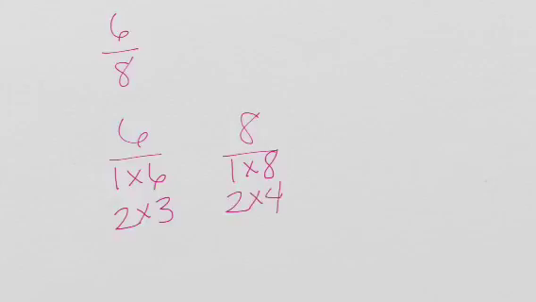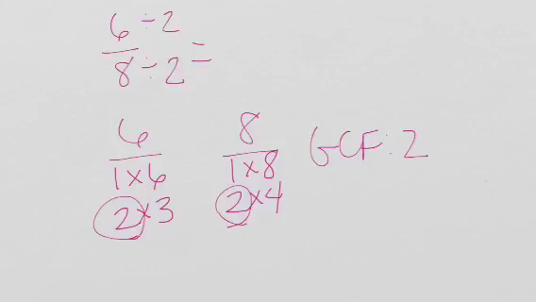And I look between the two sets of numbers, and the greatest common factor that I see is 2. So I'm going to divide the numerator and denominator by the same number. So 6/8 is simplified to 3/4.